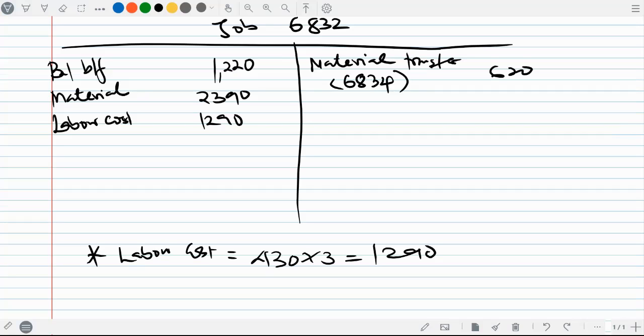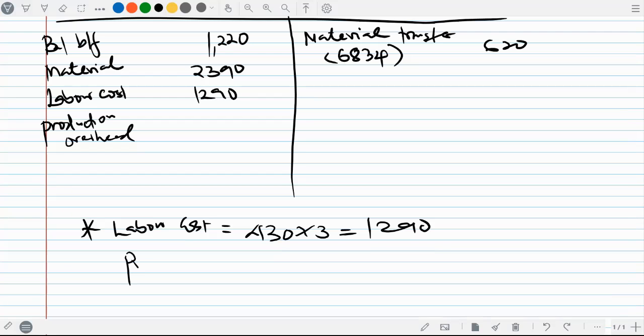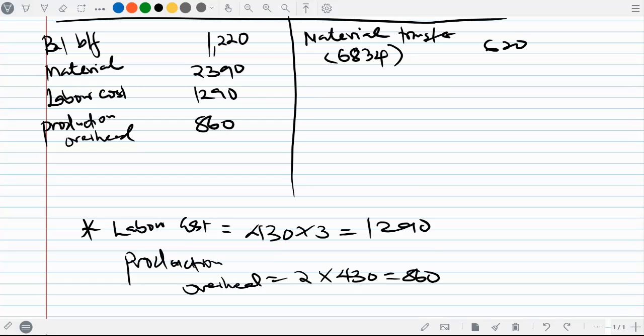Anything else we spent on this job? Production overhead was incurred and is absorbed at a rate of $2 per hour. So production overhead is $2 per hour times the 430 hours, which gives us 860.